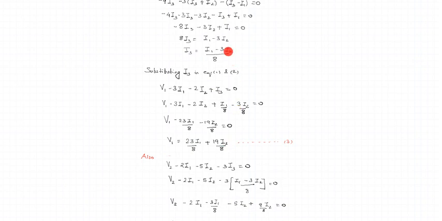Similarly, when this I3 was substituted in equation 2, we get an equation which is V2 expressed in terms of I1 and I2. So closely look at your equations 3 and 4.